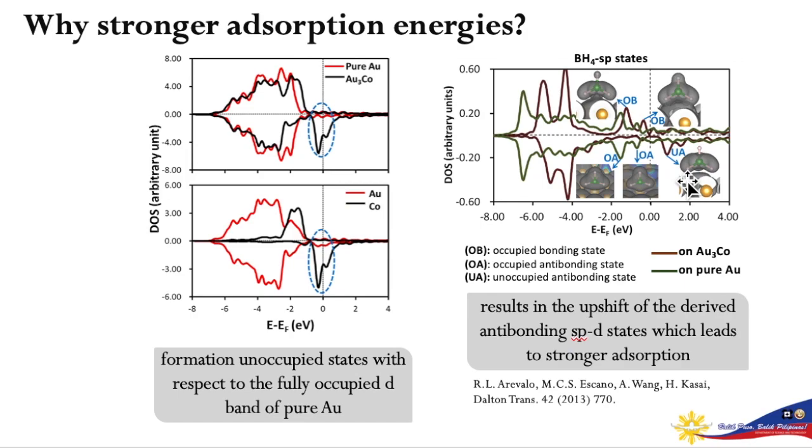On the other hand, the unoccupied state just above the Fermi level has an antibonding characteristic. Because of this, there's a dominance of an attractive interaction between borohydride and the surface for the alloy systems, which leads to the stronger adsorption of borohydride on the alloy systems compared to the case of pure gold.